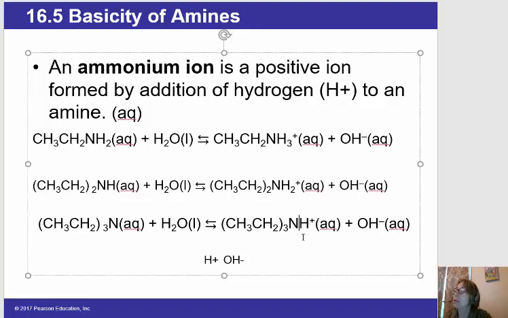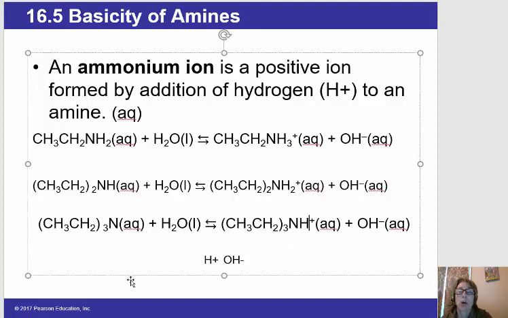And last but not least, we have our tertiary amine. Triethylamine is our example, dissolving in water. Like the other amines, it's going to pluck a proton from the water molecule, and the water molecule then becomes a hydroxide once it's lost that proton, and our tertiary amine gains a hydrogen directly bonded to that nitrogen as well as an overall positive charge.